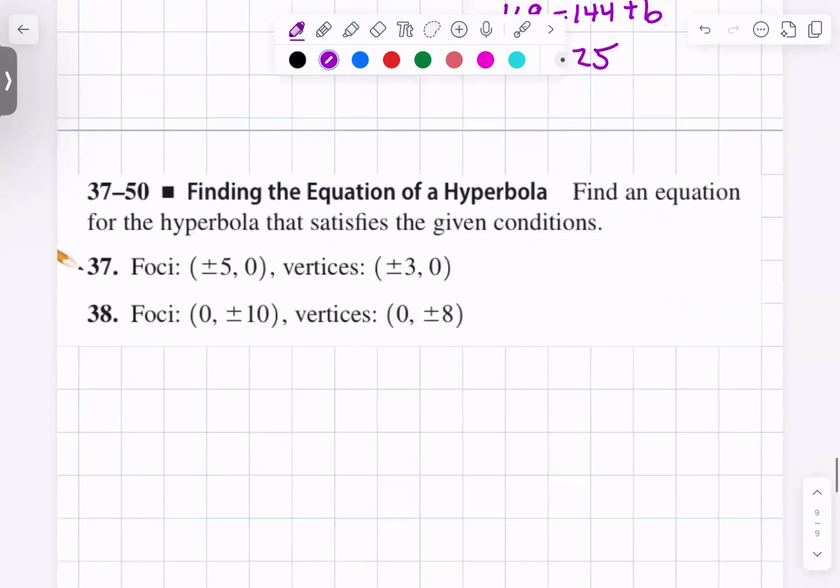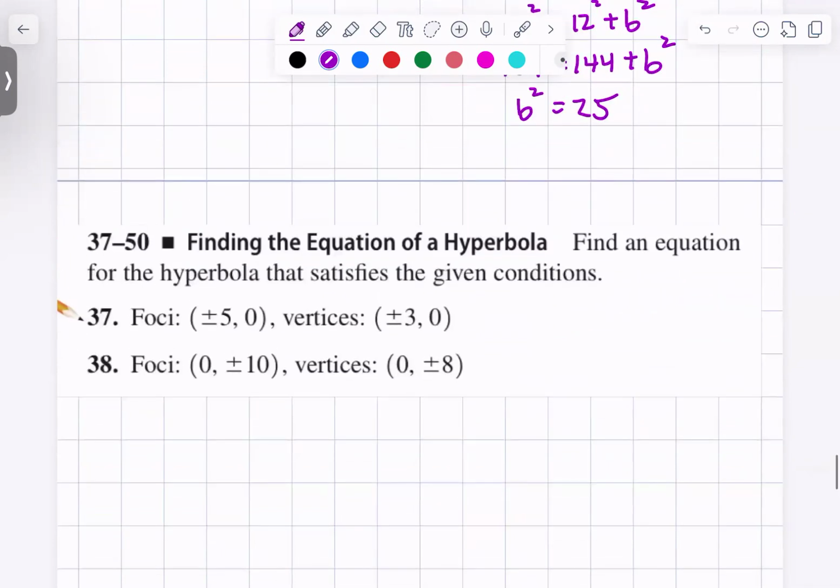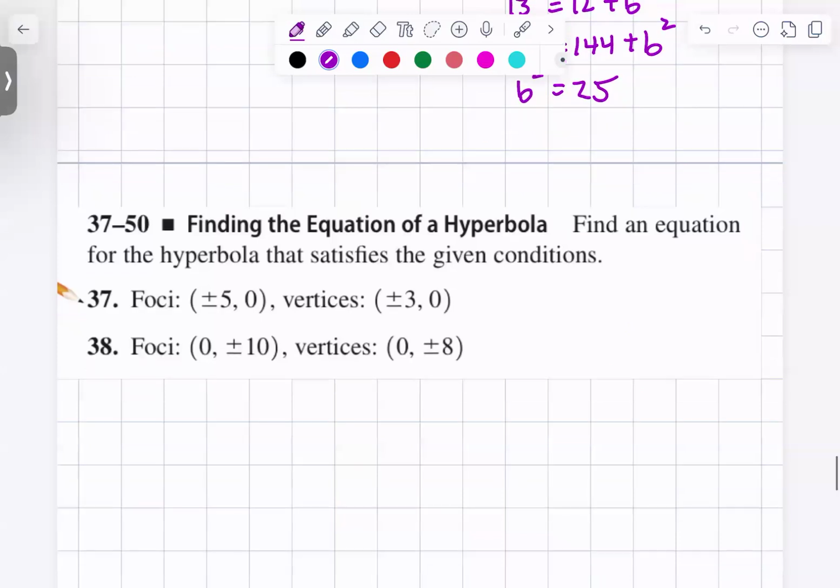We're doing the same thing for these two guys. Okay. But all this is noticing that it's a horizontal or a vertical hyperbola based off of the point.